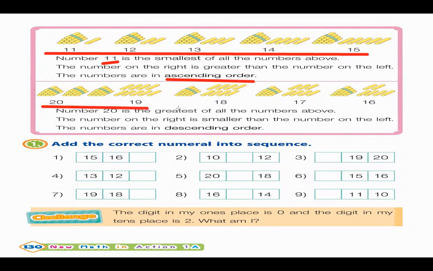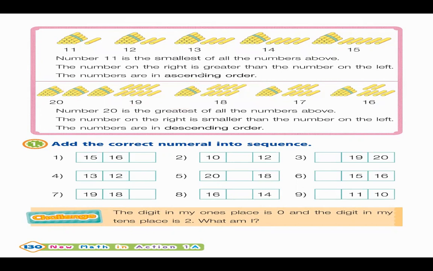And below are in descending order because 20 is the greatest of all. The number on the right is smaller than the number on the left. Okay, that is ascending order and descending order.